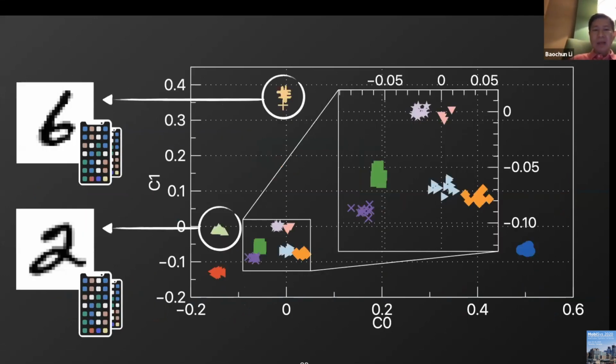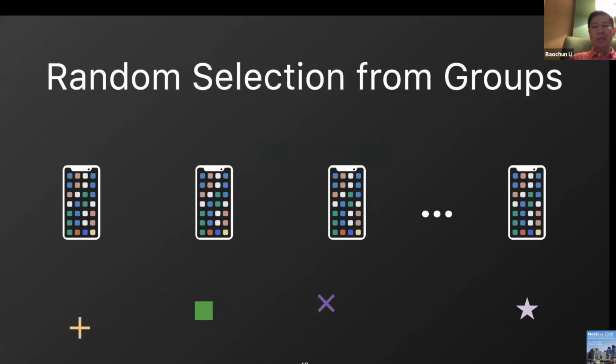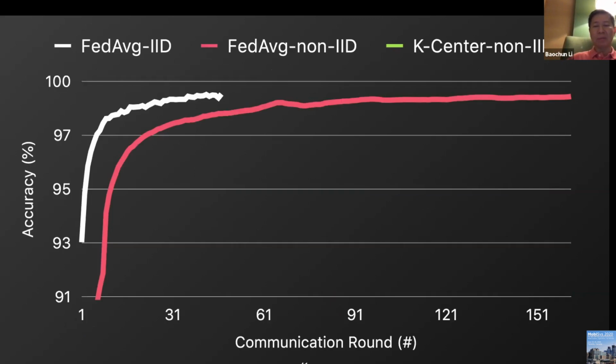So in this particular case, we can apply k-center clustering, and we select the same number of representatives within each one of these clusters. Within each group, we can just do random selection, but we select the same number of randomly selected devices within each group.